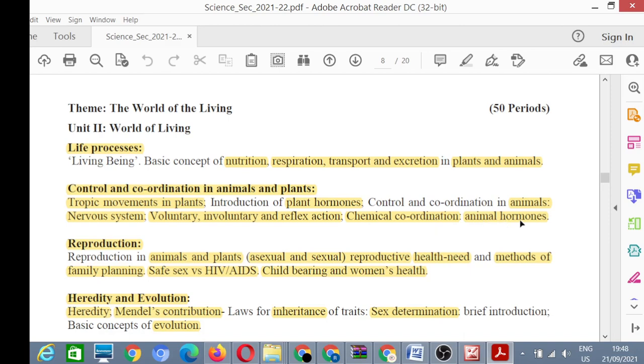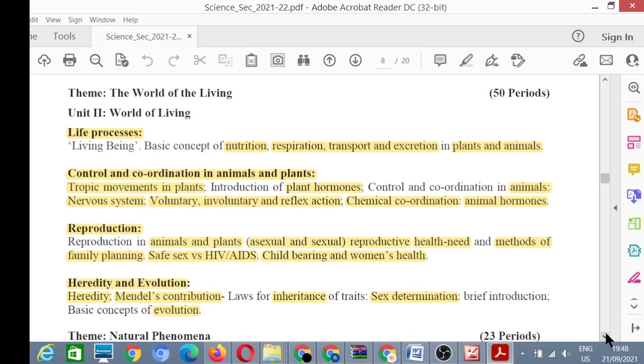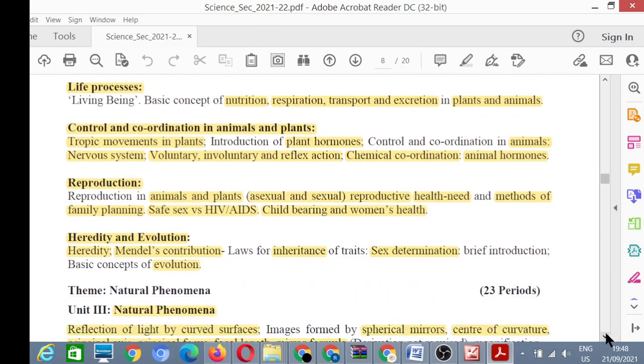Then hormones, animal hormones. So we have to study both plant hormones and animal hormones, and more specifically the control and coordination system of animals, the nervous system of animals.